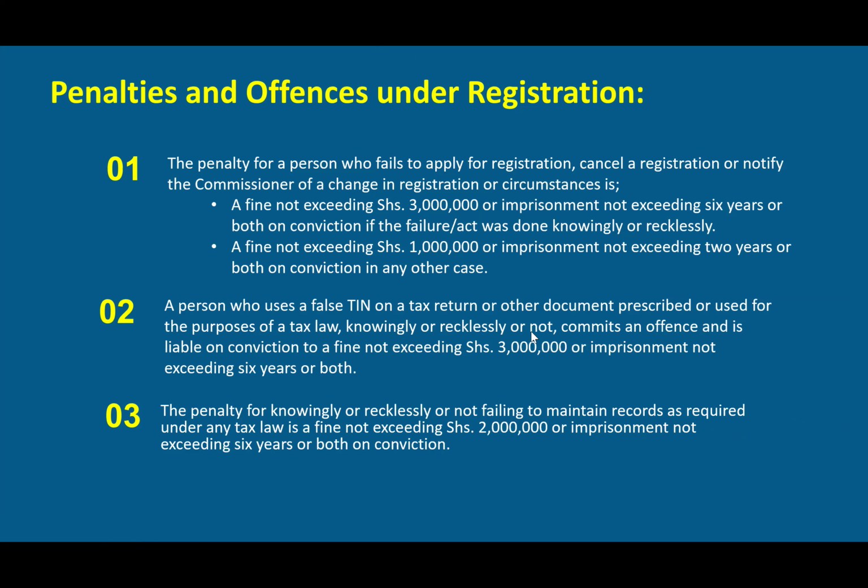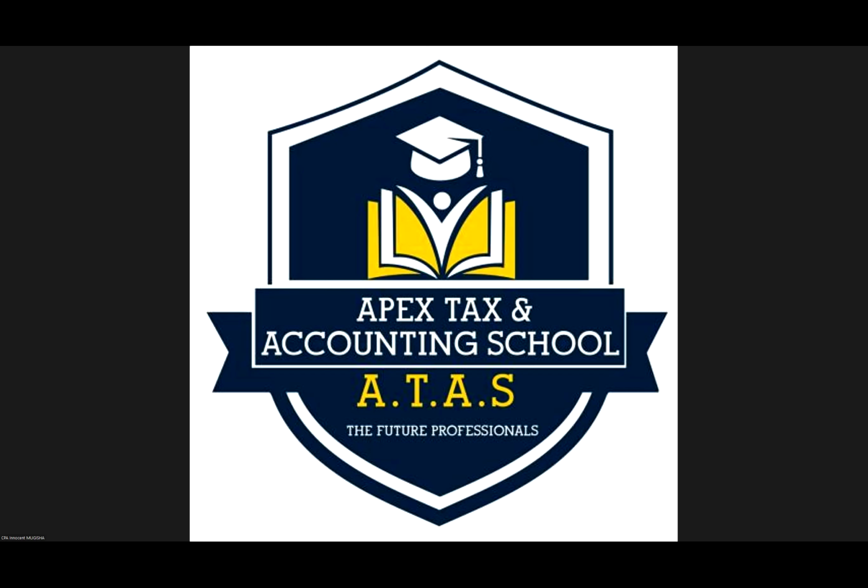You just open a business and do things the way you want, you don't pay taxes. This is what's going to happen. The penalties and offenses, as you can see, don't look nice. So you have to ensure that your clients follow and do things according to the law.